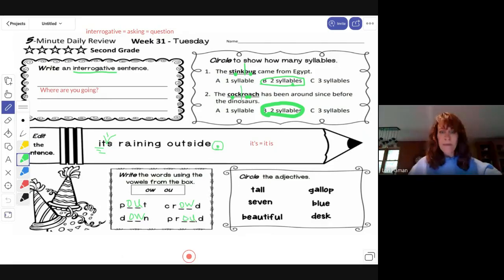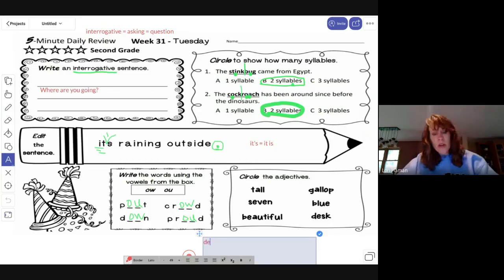Okay? Our final thing here is for us to circle the adjectives. Now, adjectives are describing words, but they describe things about nouns. So we have to think through, can these words tell something about a person, place, or thing?